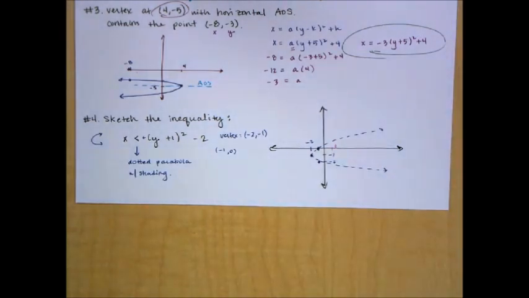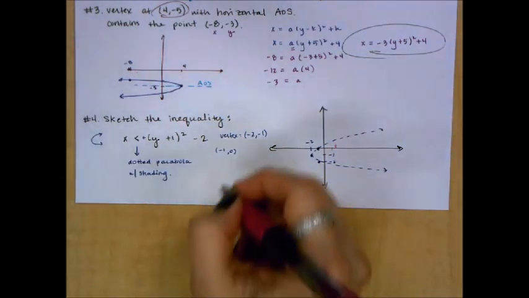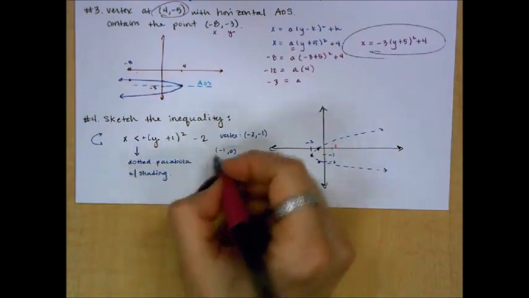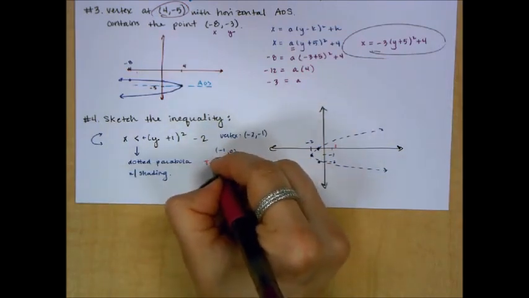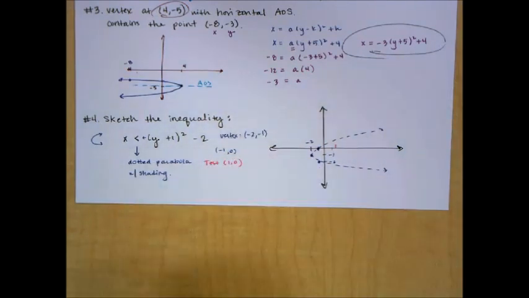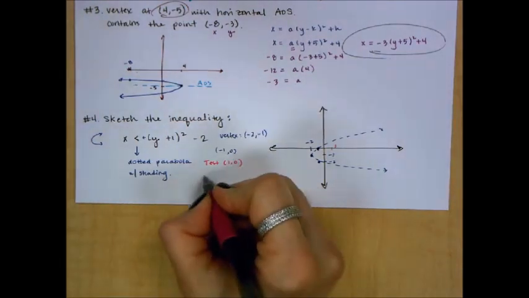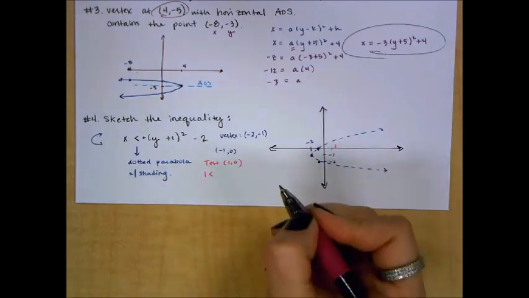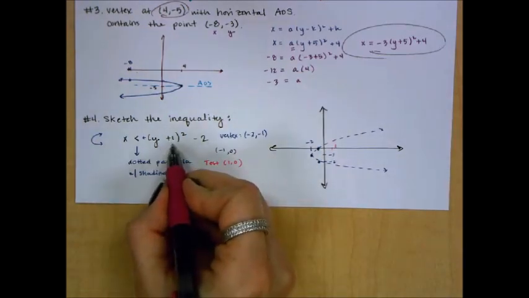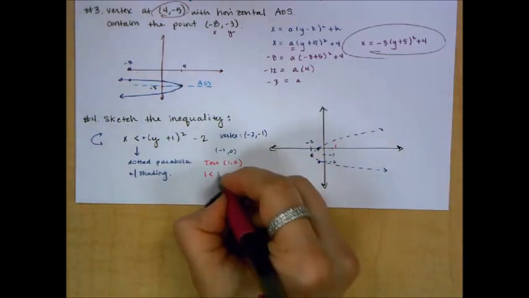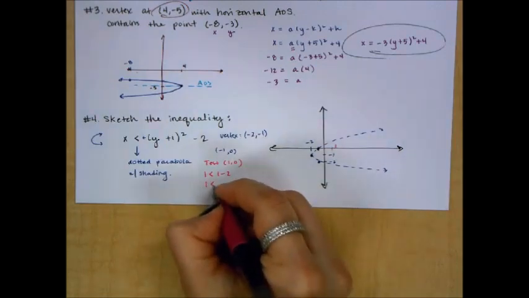So if I plug in the point (1, 0), we're plugging in 1 for x, 0 for y. That would give me 1 is less than (0 plus 1) squared, which is 1, minus 2, so I have 1 is less than -1. This is not true.